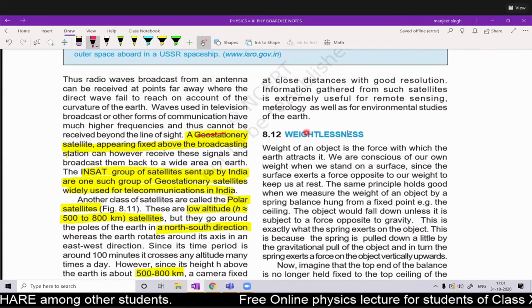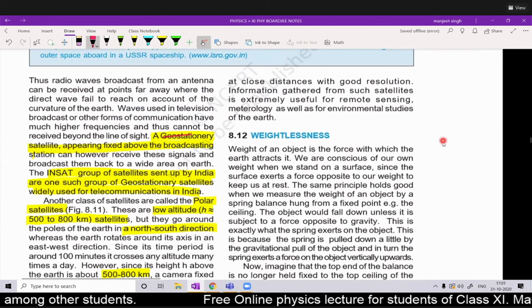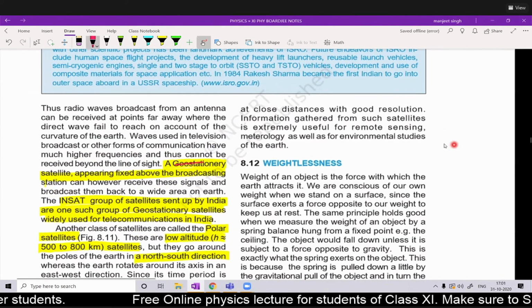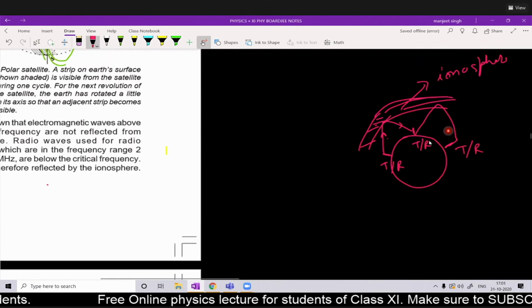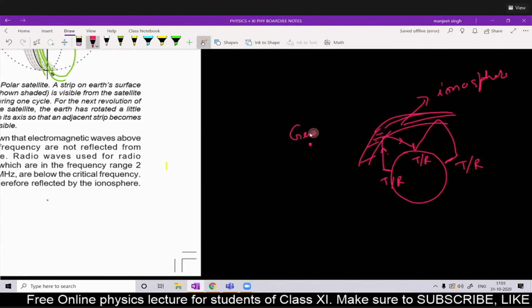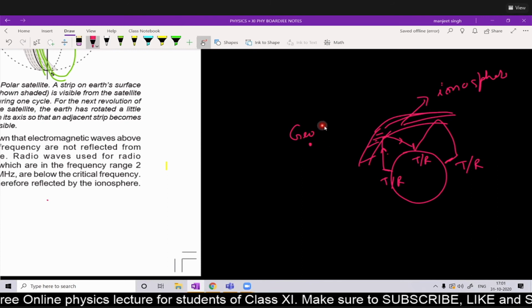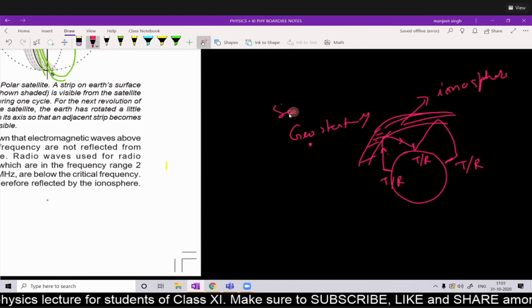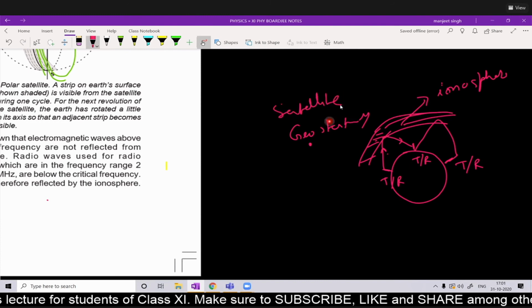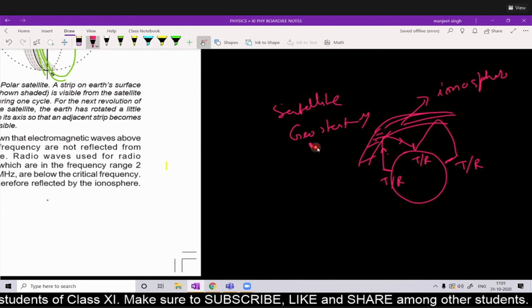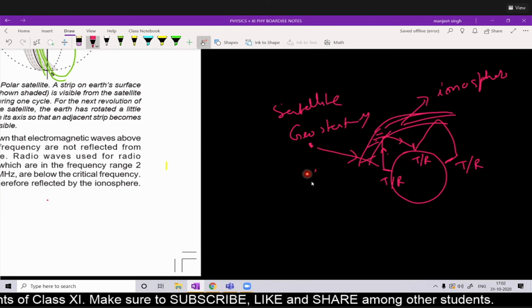Okay, suppose a geostationary satellite appearing above the Earth is broadcasting to one of the stations. Suppose this is a geostationary satellite, at a height h above the surface of Earth, and it is sending a signal.